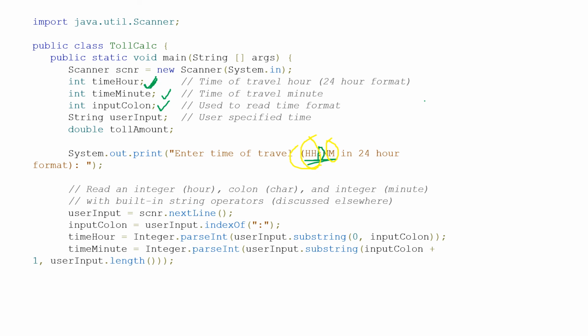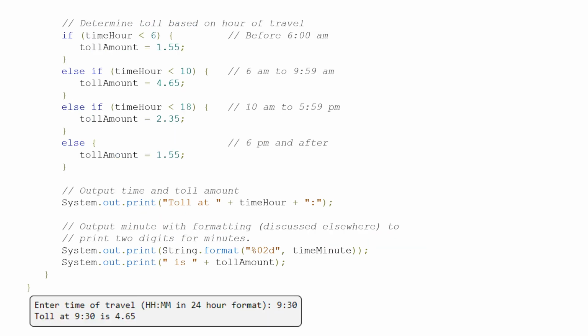Let's look at the code. After the user gives the input, if the time given is less than 6, like 6 in the early morning, the total amount will be 155. If it's less than 10, until 9:59, because it's just less than; if it were less than or equal to, it would consider up to 10.